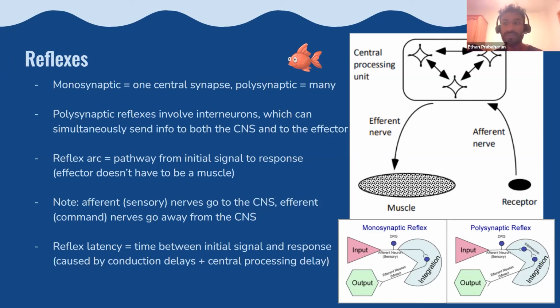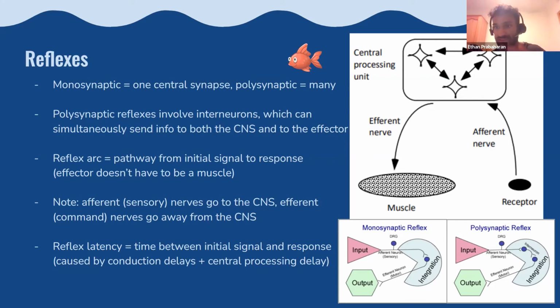This whole process of a receptor on your body being triggered, an afferent nerve taking it to the CNS, and an efferent nerve coming down and activating a muscle causing a response, that's called a reflex arc. The time it takes between the initial signal and your response is not instantaneous. There's a little bit of a delay, and that delay is called reflex latency.